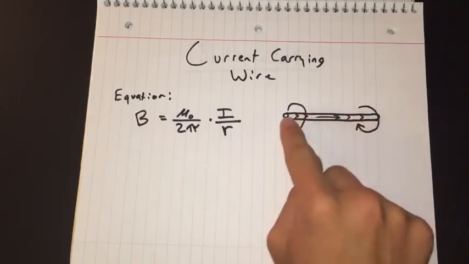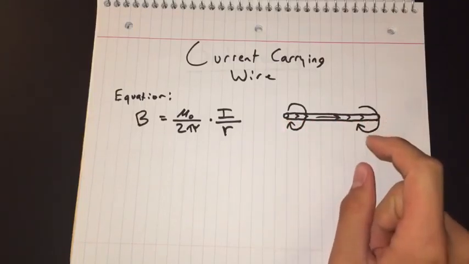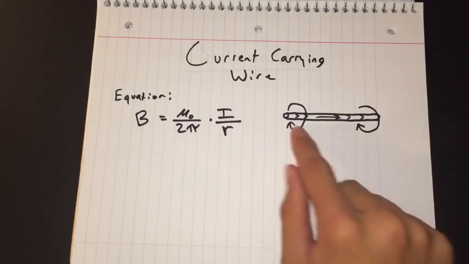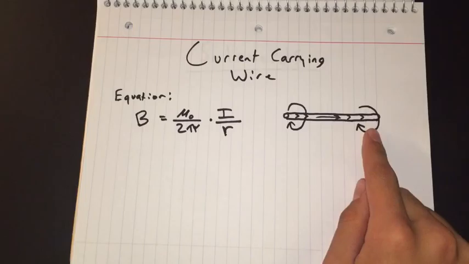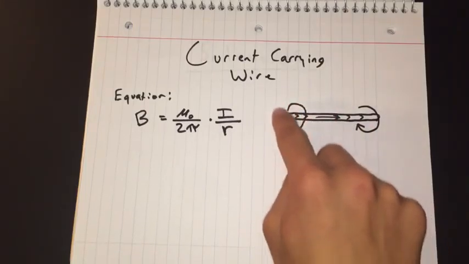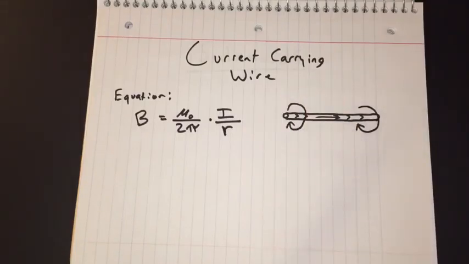The current is going in one direction, and because of that flow of current, there is a magnetic field that is created in the direction that is clockwise if you are looking in the same direction as the current. It's also counterclockwise if you're looking the opposite direction.